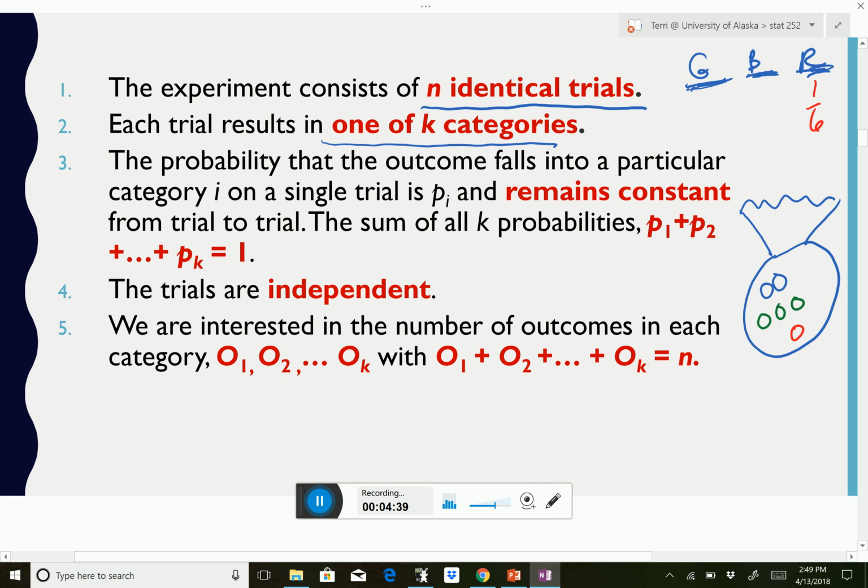The probability of getting a blue marble is 2/6, and the probability of a green marble is 3/6. And so this is 1/3, and this is 1/2. And so these probabilities add up to 1. And if we were to repeatedly take a marble out of here and replace it, we're going to sample with replacement.